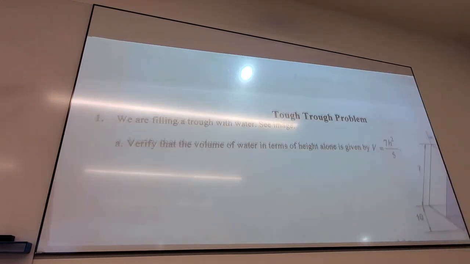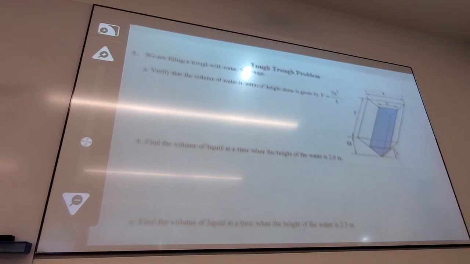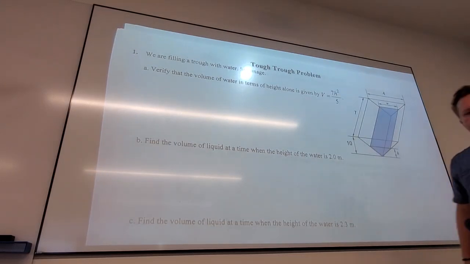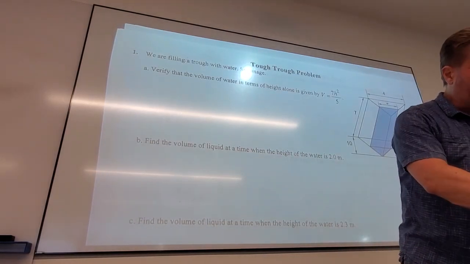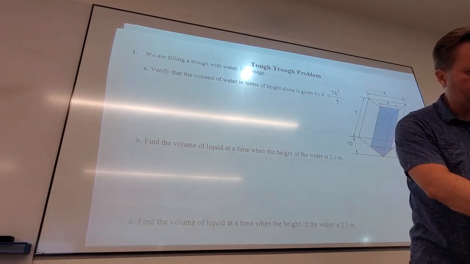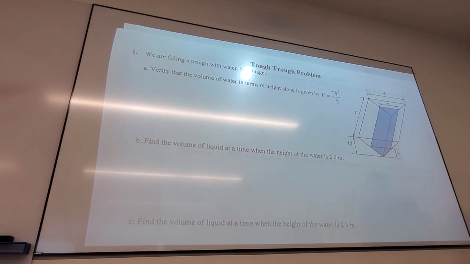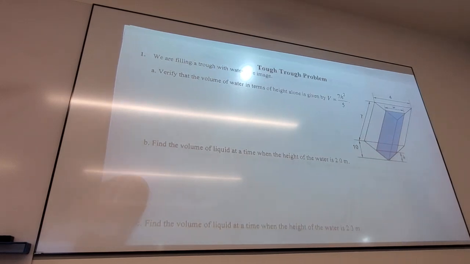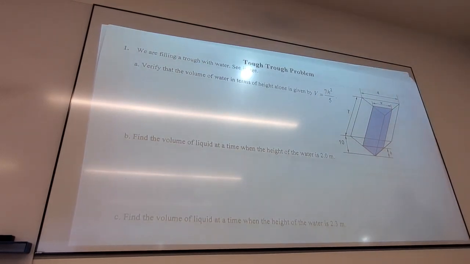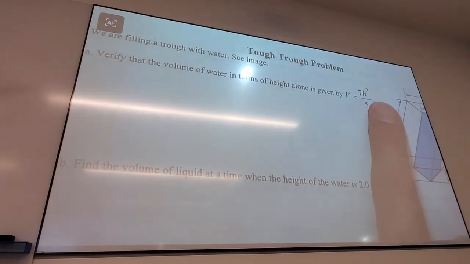So the tough trough problems, look at that one. Tough trough problem. It's always nice to have a computer generate a picture for you. It's much better than me trying to draw it. So the very first thing I ask in this problem is verify that this is the volume.